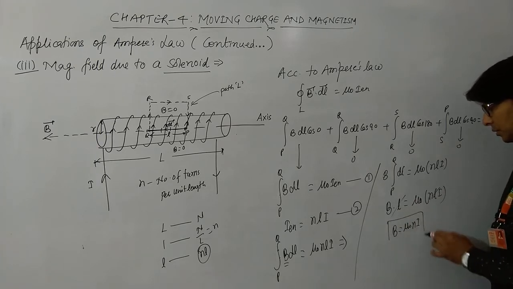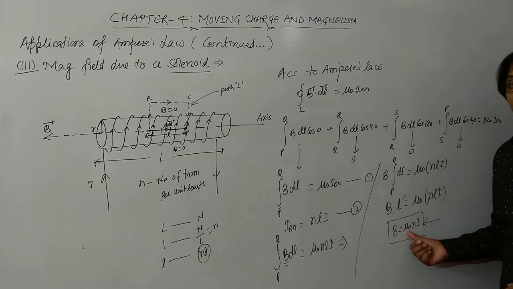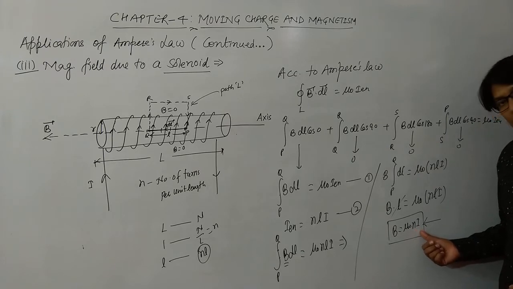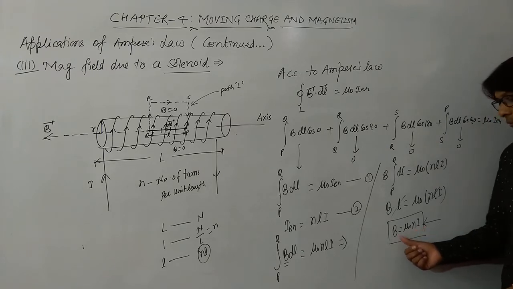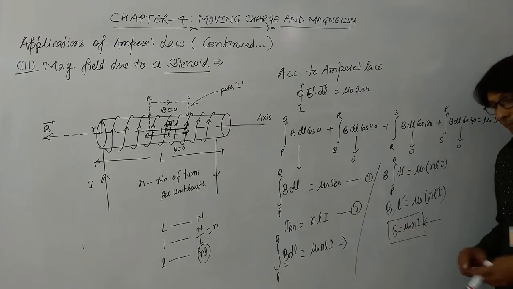So this is the formula of the magnetic field at the axis of a solenoid, which depends upon the permeability of free space, small n, the number of turns per unit length, and current I. So if we want to increase the magnetic field, then we have to increase the current, or the better way is to increase this small n.